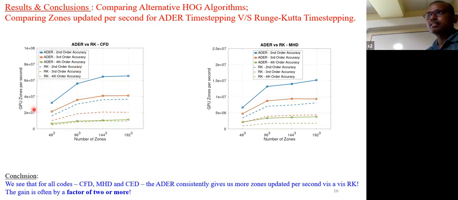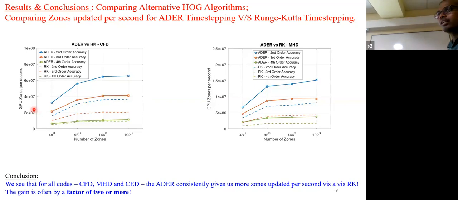What we do not show here, but we have shown in the paper, is that the Runge-Kutta scheme speedups are more than 100 times for second order, third order, as well as fourth order. Sometimes I achieve 120 times speedup, or 150 times speedups also achieved for some of the codes.